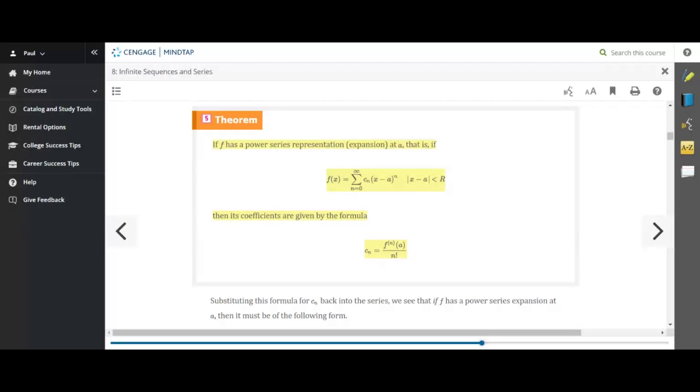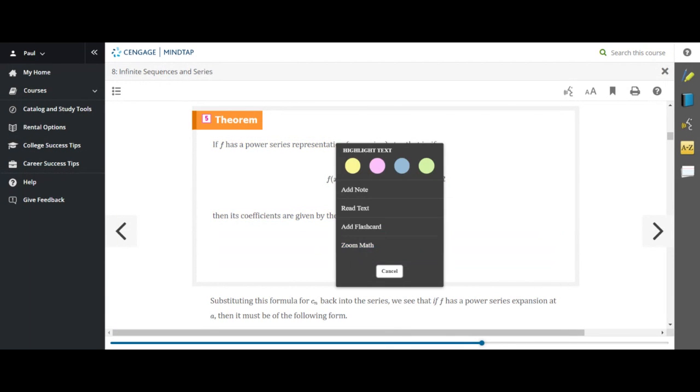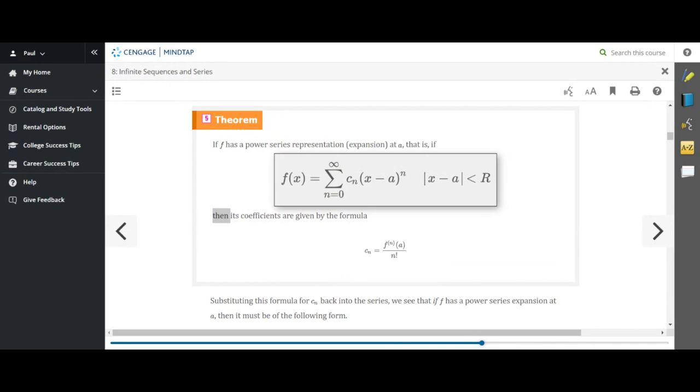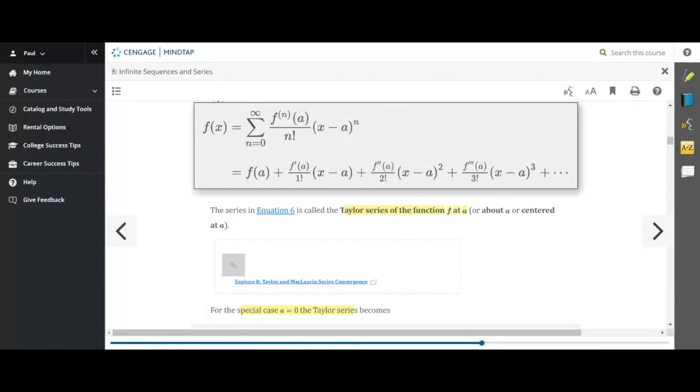You see there the c sub n part, this part here. Yeah, we determine those coefficients. There they are. And so now we just put those coefficients in the formula there, in the power series, and that's going to give us what you see here.